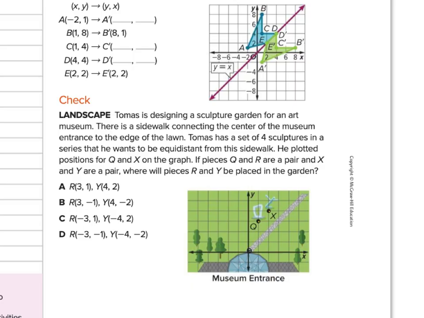Equidistant from the sidewalk. So we're going to go over here. We're going to go over here. So this should be Y, and this should be R. So it looks like R is going to be 1, 2, 3, 1. There you go. That's going to be my choice for my new locations.